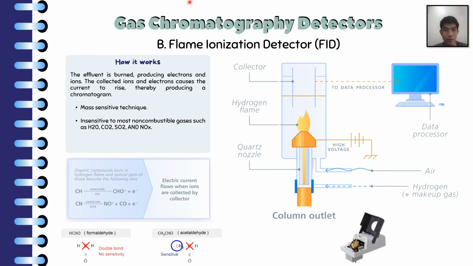The FID is the most common detector used in gas chromatography, as mentioned earlier. The FID is sensitive to and capable of detecting compounds that contain carbon atoms, which accounts for almost all organic compounds. However, FID is not sensitive to carbon atoms with a double bond to oxygen, such as in carbonyl groups and carboxyl groups, to name a few.